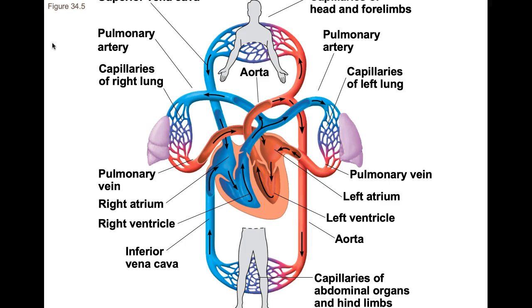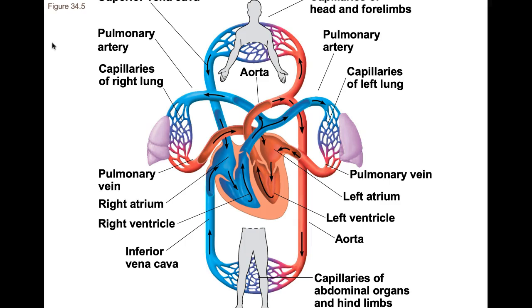Next, the blood is going to arrive at the left atrium, and then the left ventricle is able to pump the oxygen-rich blood out to the different systemic units of the body. It leaves through the aorta, which is the main artery, to the capillary beds of different parts of our body.